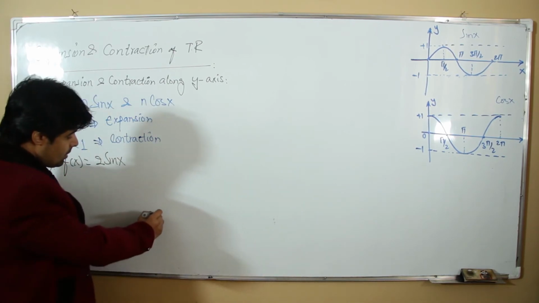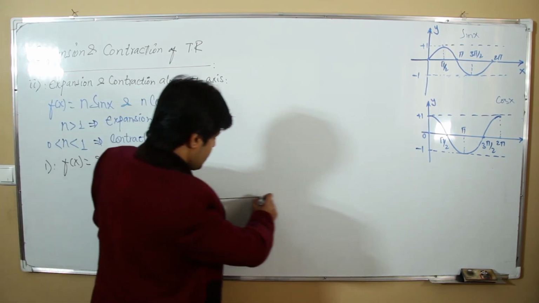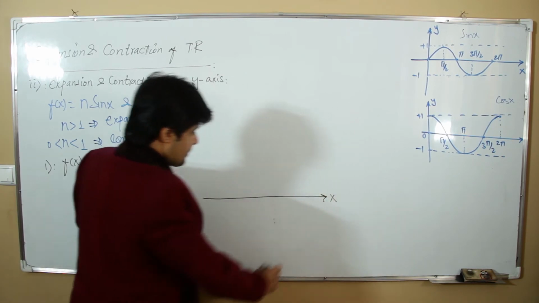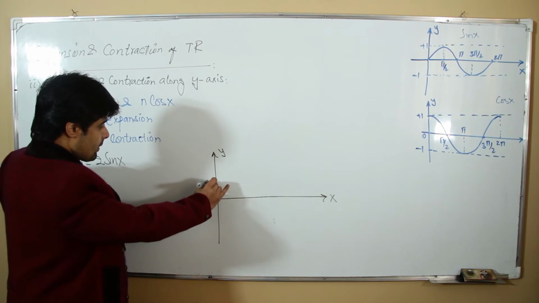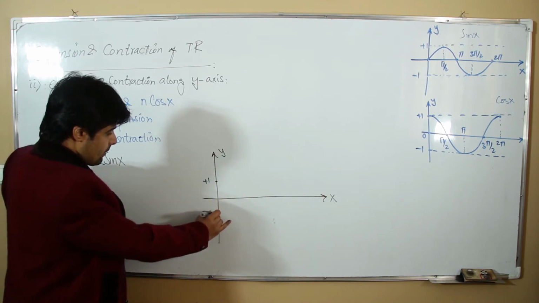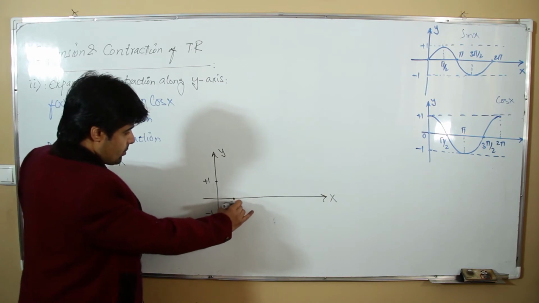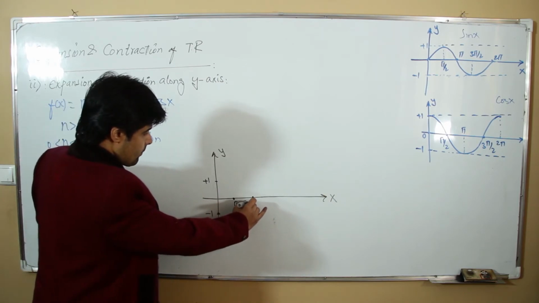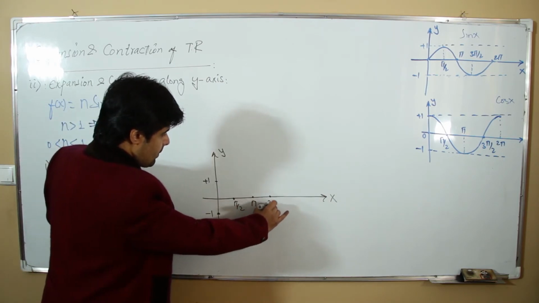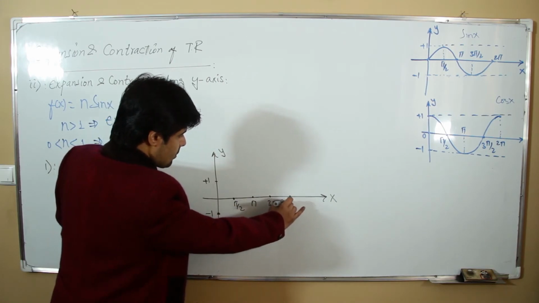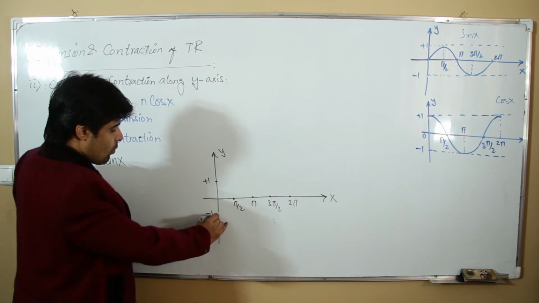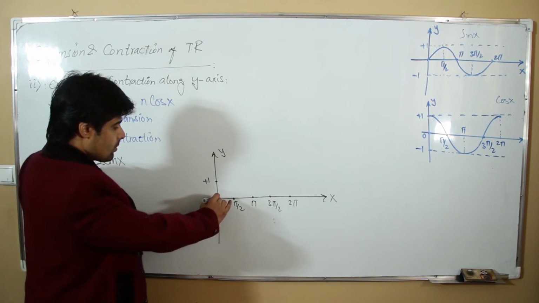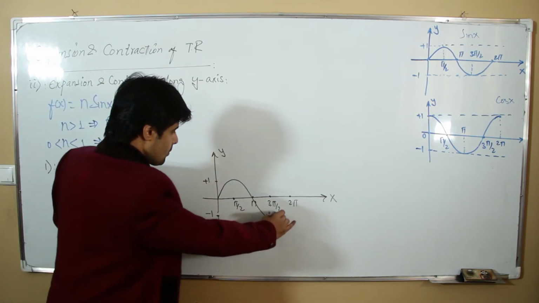I mean that this is our x-axis, this is our y-axis, this is our positive 1, this is our negative 1, pi by 2, this is pi, 3 pi by 2, and 2 pi. Our graph was like this one.